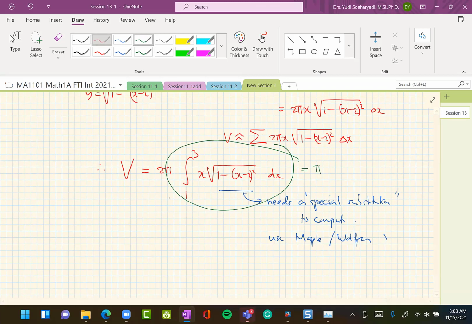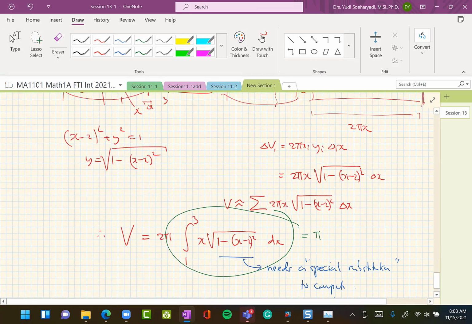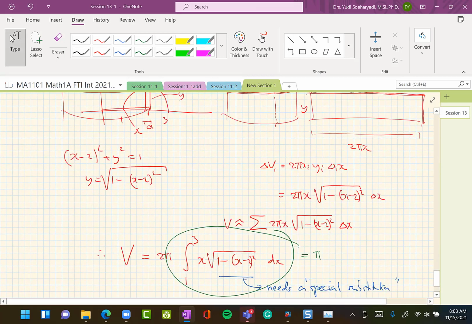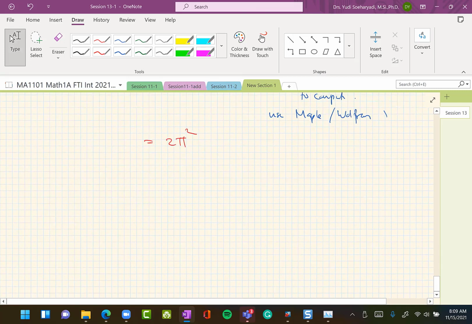So in the end, we have 2 pi squared. Okay, so that's the volume of the donut. We'll compute this using a center of mass, much easier. Okay, so let's take a break for 5 minutes.